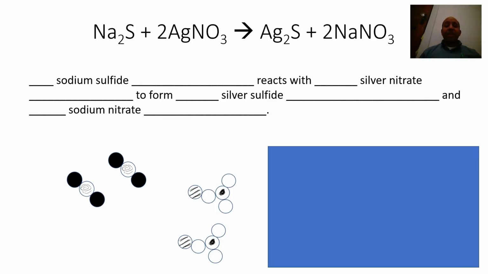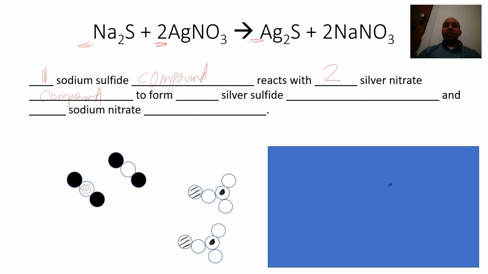So, in the next example, we have a 1 in the front here. So we write a 1 sodium sulfide, and that's a compound. Reacts with, there's a 2 in front of this silver nitrogen oxygen compound called silver nitrate, and that's a compound because the atoms are different.